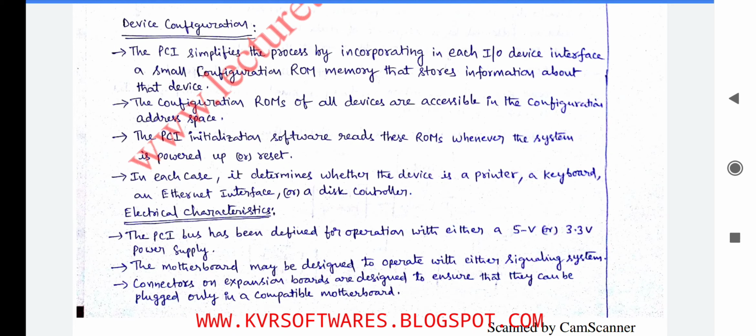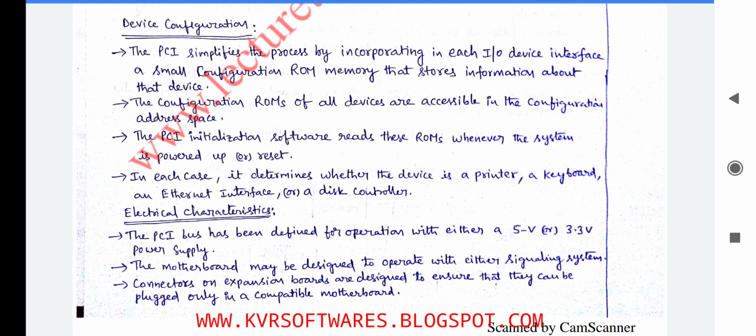The PCI initialization software reads these ROMs whenever the system is powered up or reset. In each case, it determines whether the device is a printer, keyboard, Ethernet interface, or disk controller. This is device configuration.